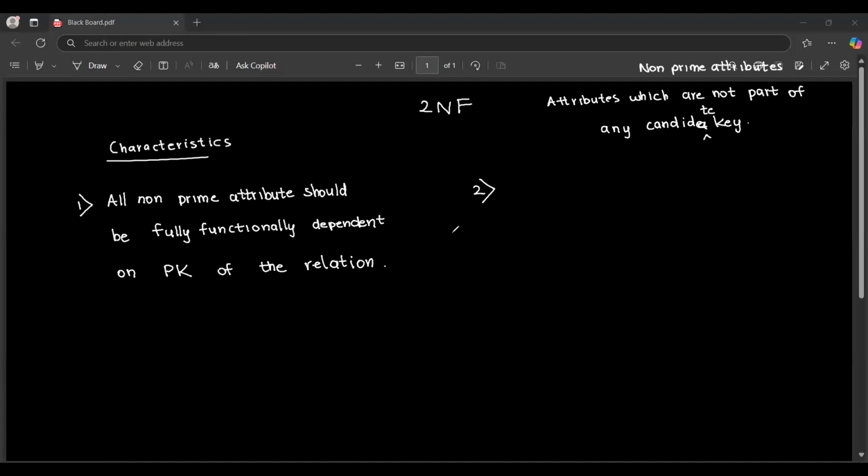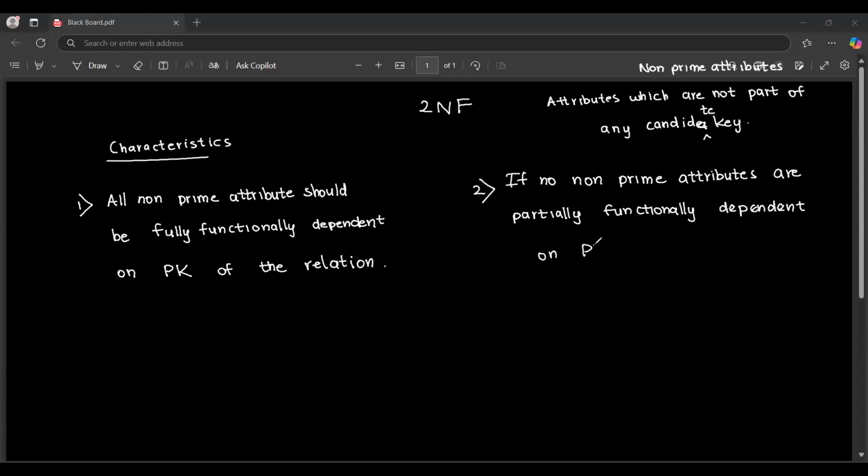Now you may ask, what's the second perspective? If no non-prime attributes are partially functionally dependent on the primary key of the relation.